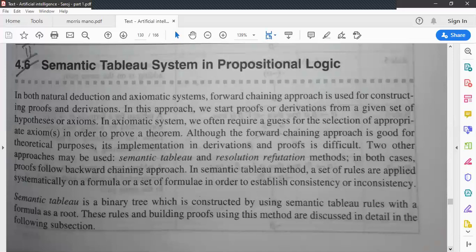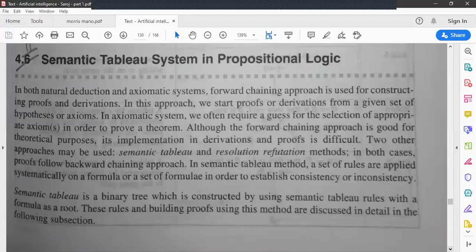So these other two methods called semantic tableau and resolution refutation methods were developed. These two methods work not from a forward direction, rather from the backward direction. That way they prove whether we can deduce a particular formula or not.